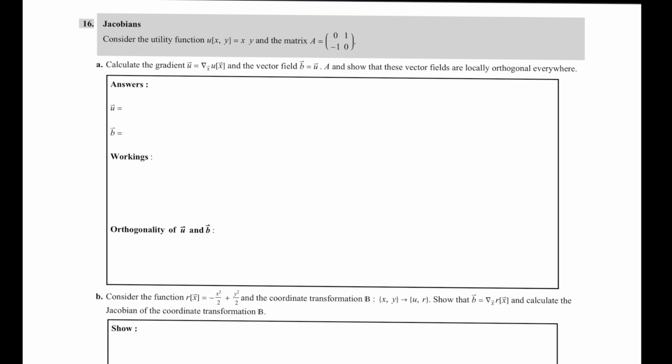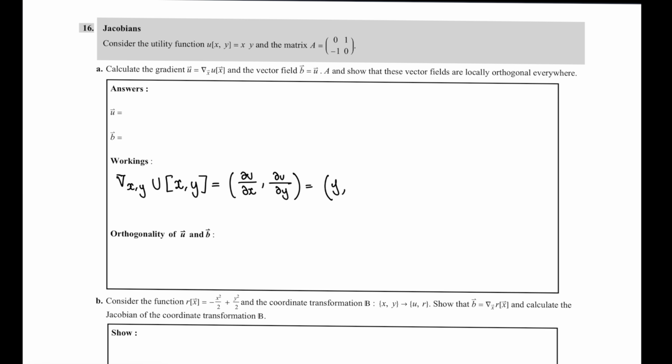Okay, cool. So to work out the gradient of this utility function, we have to take partial derivatives with respect to x and y. When we differentiate this with respect to x, we get y, and when we differentiate it partially with respect to y, we get x.